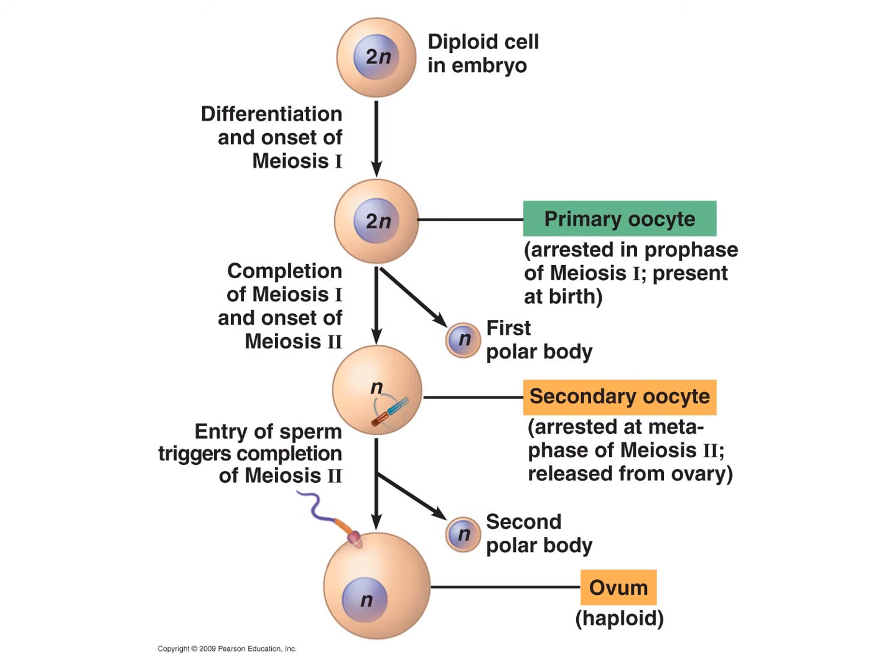And the cells are arrested in that state until puberty, where a cell picks up where it left off all those years ago and proceeds into meiosis 2 and stops there until fertilization happens. So this big time gap and the stop and start nature of meiosis in females makes it much more likely that a non-disjunction error will happen, resulting in an extra or missing chromosome.